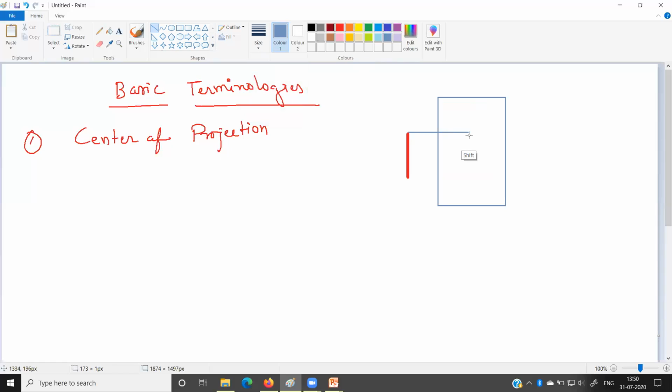There must be rays which will be drawn. Another important thing is that there is an eye at this point, and this eye is observing the straight line on this screen.